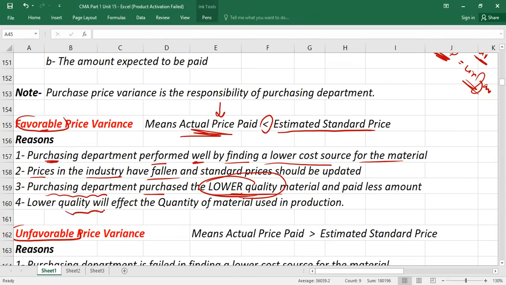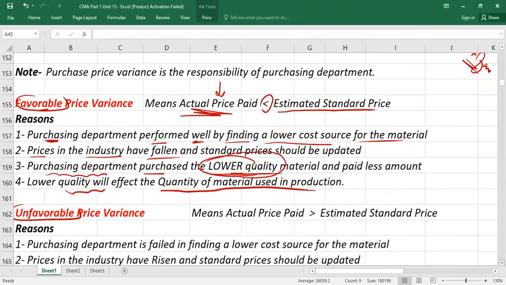Lower quality will affect the quantity of material used in the production, because if you buy lower quality material, maybe your wastage during the production will increase. Right or wrong? On one side you are saving price, but on the other side you are compromising quality and increasing wastage of the material. This is another reason.